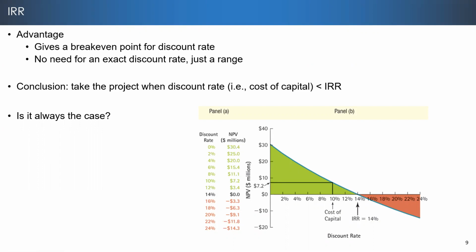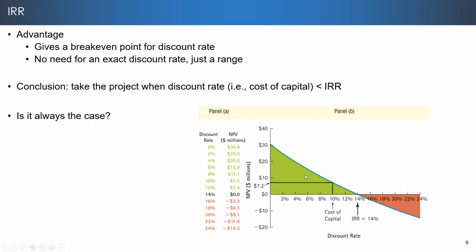So essentially, net present value is a decreasing function of the discount rate, meaning that net present value will decrease as the discount rate increases.